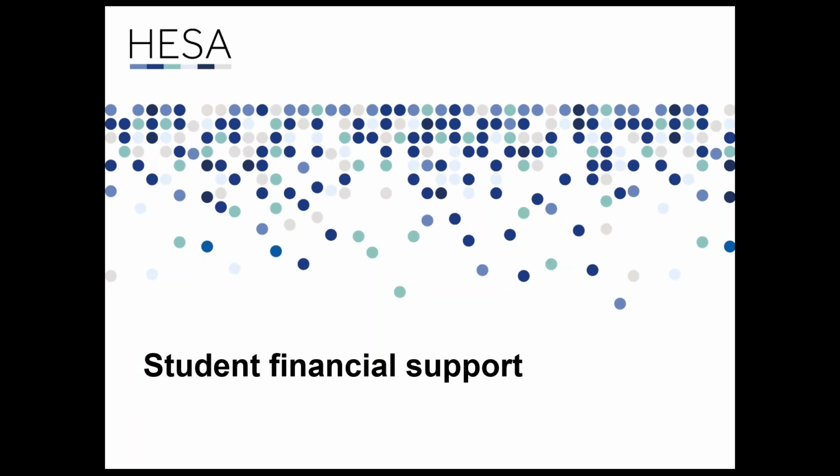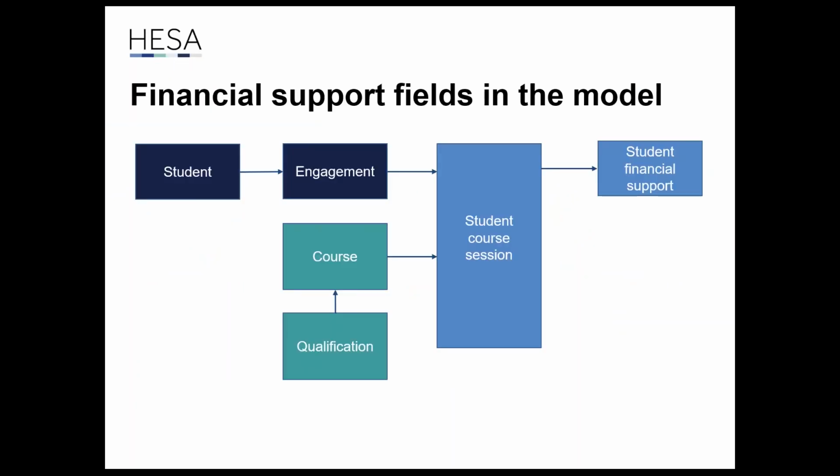So the last section then is around the student financial support. We have this kind of concept in the student record at the moment. And so changing this picture slightly, this is only interested in the student financial support entity, which is sitting off the student course session.